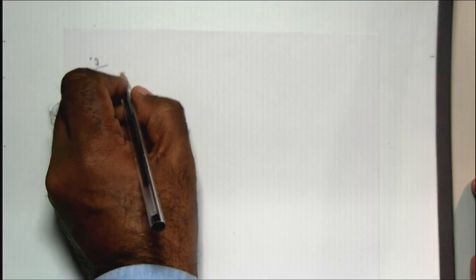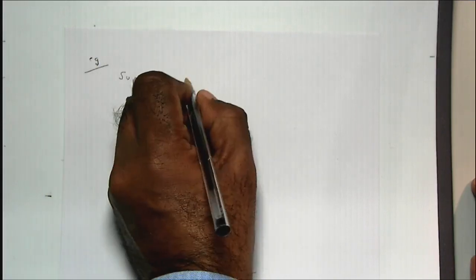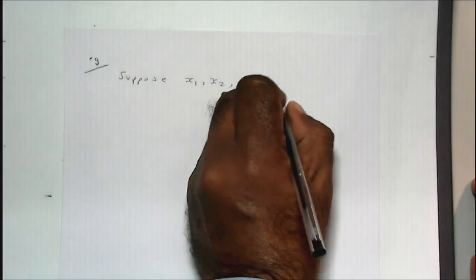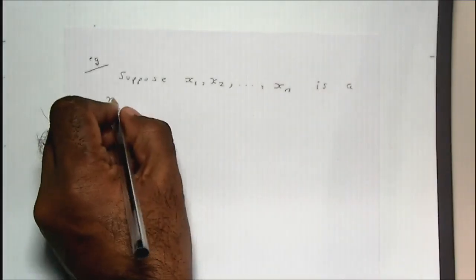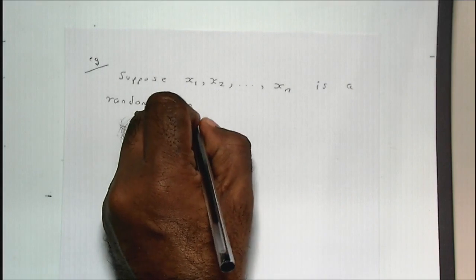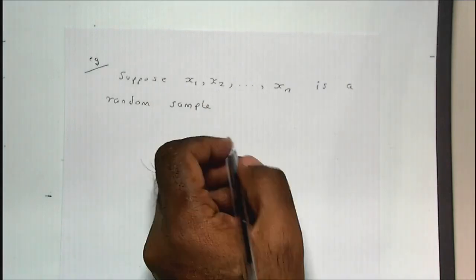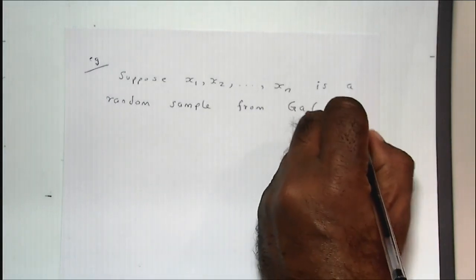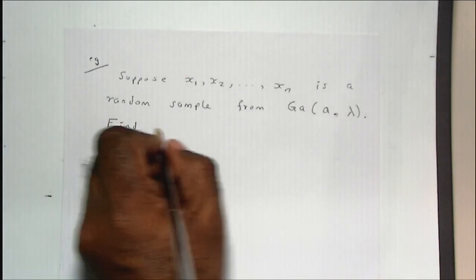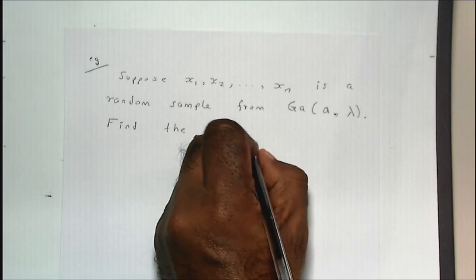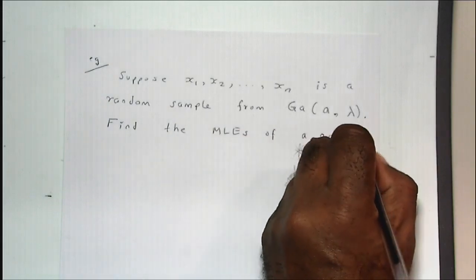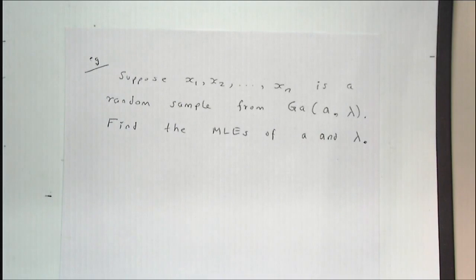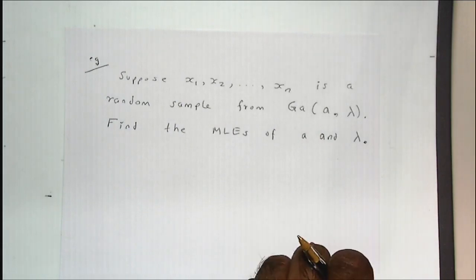So this is another example. So here you have, once again, you have two parameters, A and lambda.